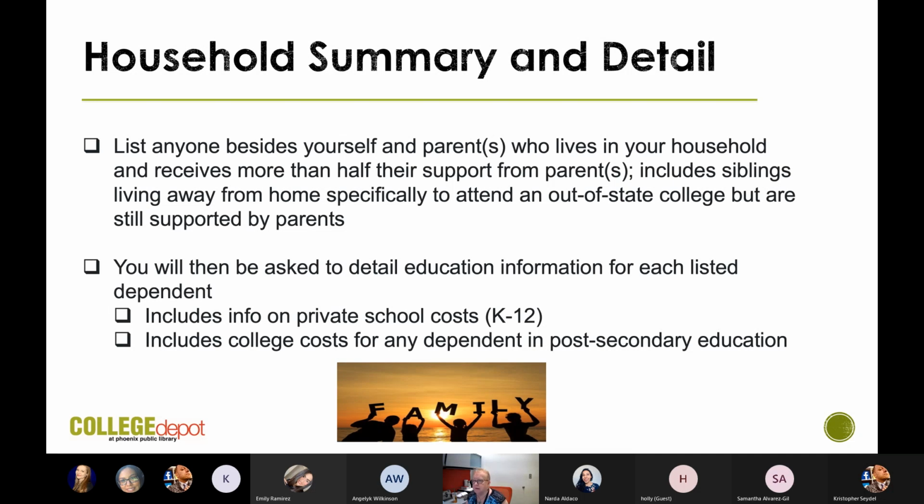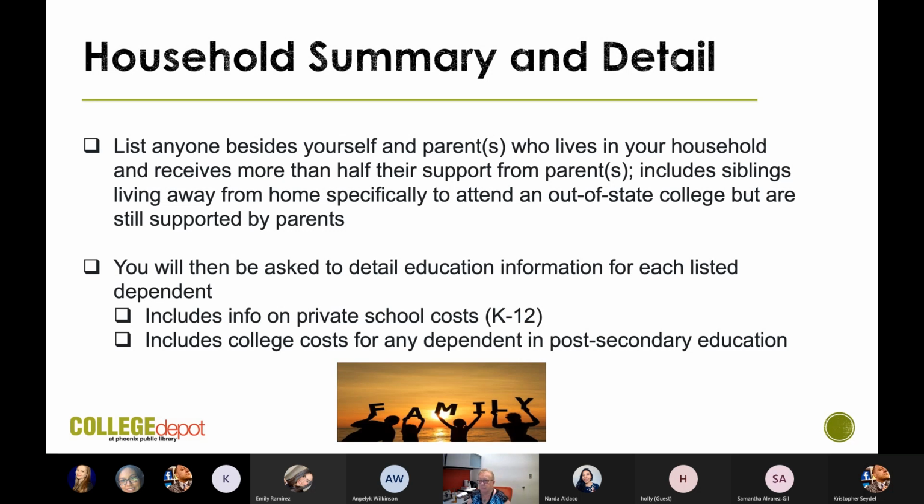This is just like you did on the FAFSA. I would encourage you to match the FAFSA as much as you can, because the surest way to get questions asked is if you say, I have 10 people in my household, but I only put 2 of them on the FAFSA. Why is there that inconsistency? The questions are basically the same.